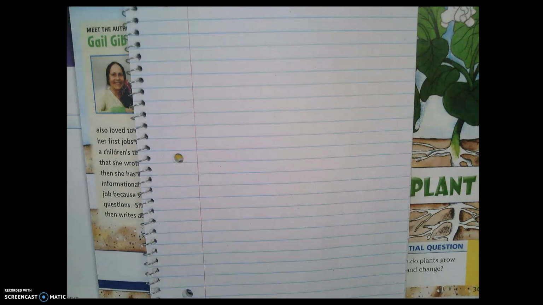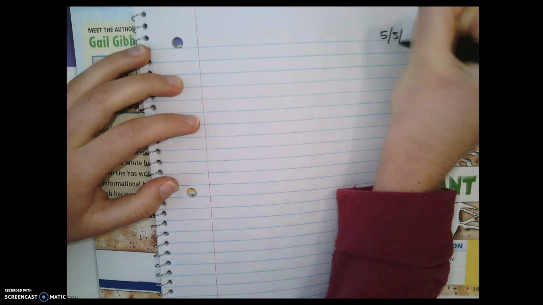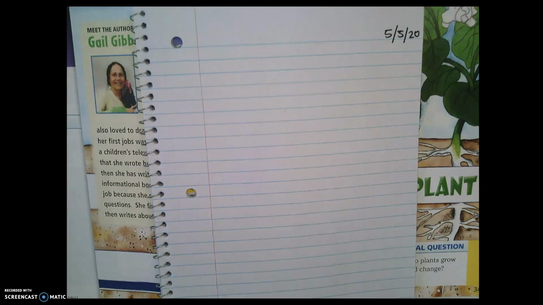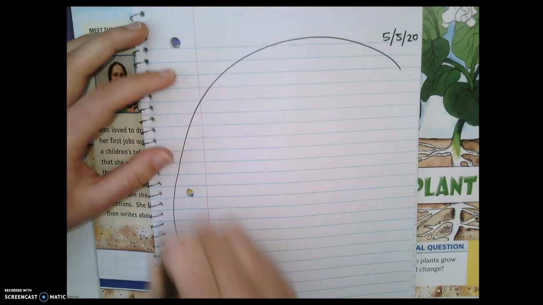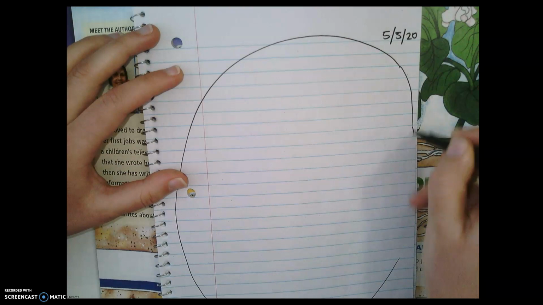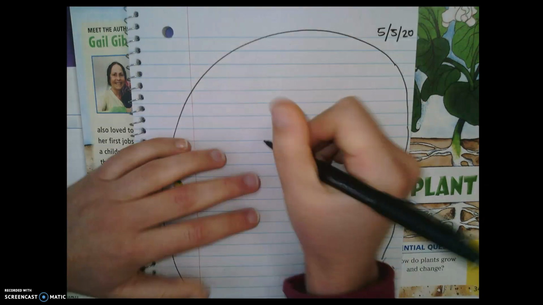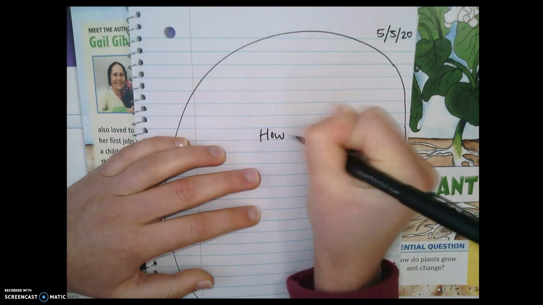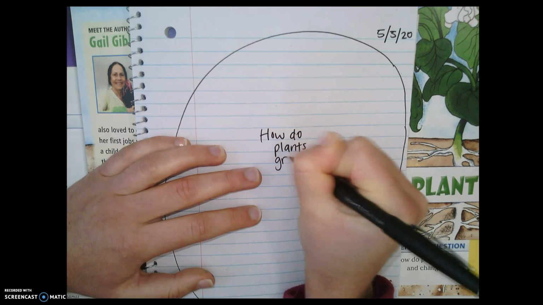So this is where we need out our journals. Grab your journal, please. At the top, we're going to put the date, and we're going to make a circle map. And if you remember, we made one of these about penguins right before we left. I'm just going to fill my page with a really, really big circle. This turned out to kind of be like an oval Easter egg, but that's okay. And then in the middle, I'm going to write that question: how do plants grow and change?